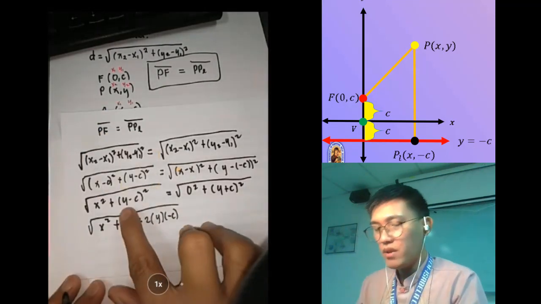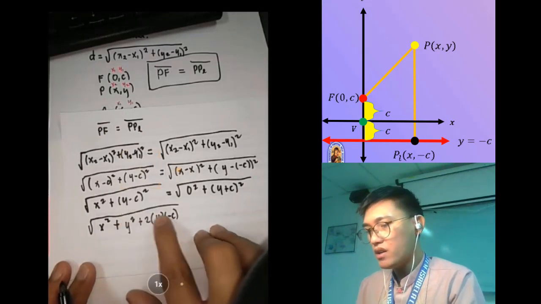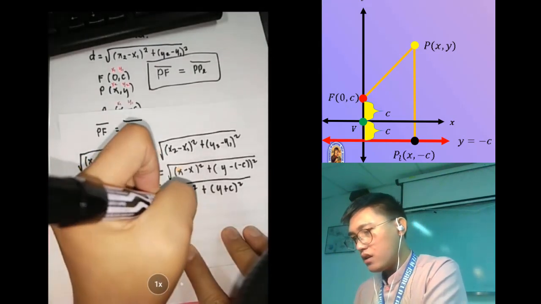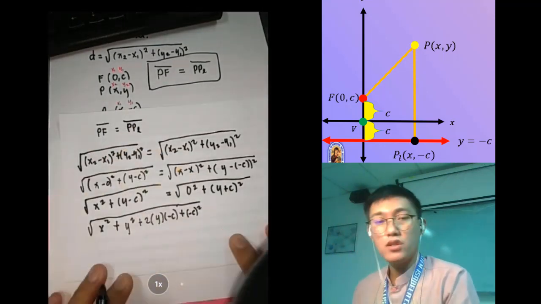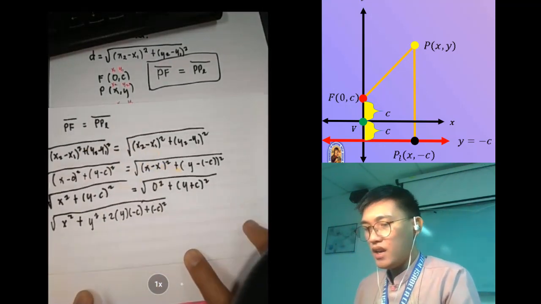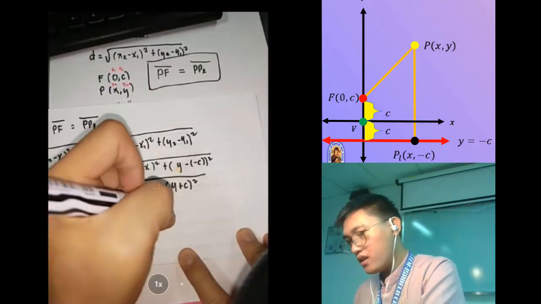Our first term here is y, our second term here is negative c, plus square the last term. And we will continue to another part here.